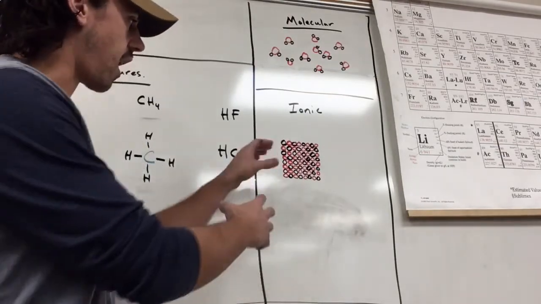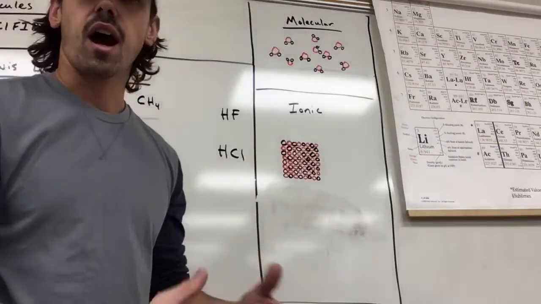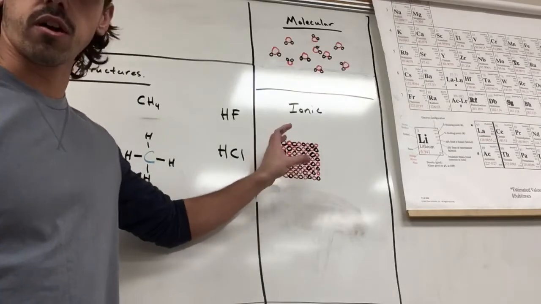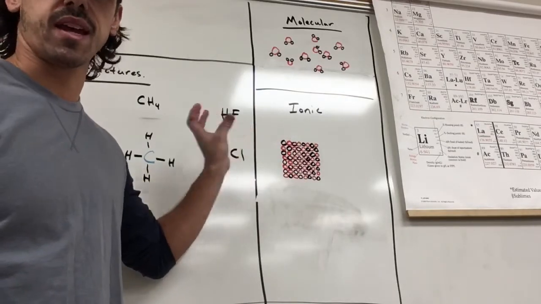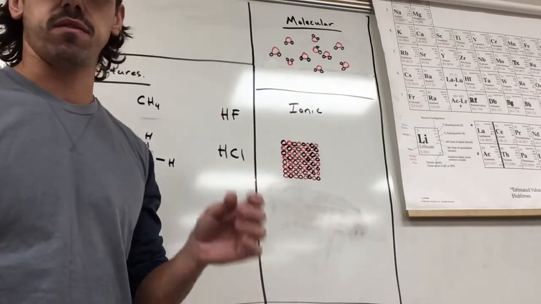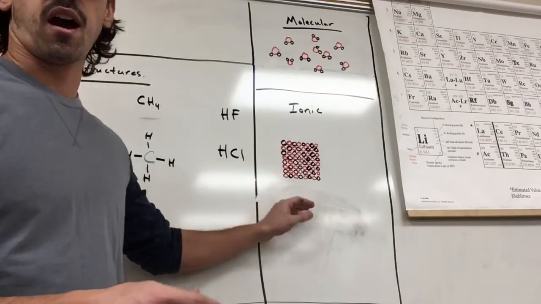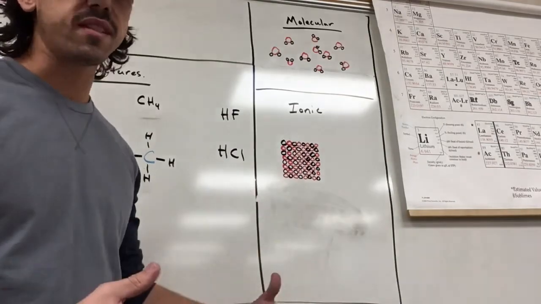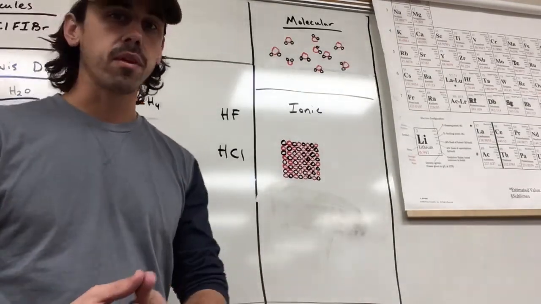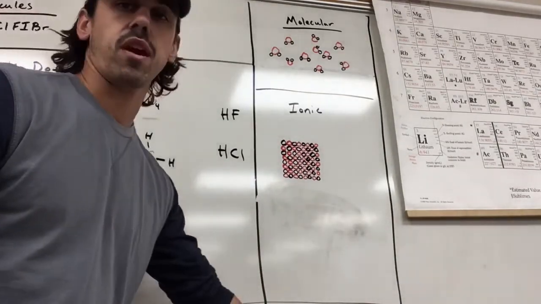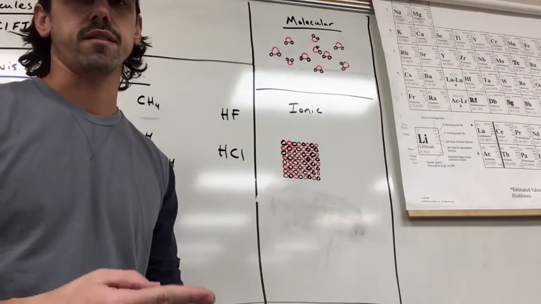So we have all these ionic bonds between all of these different ions, and there's no one particular particle that I can take out and say that's a representative unit, a discrete particle that makes up this ionic compound. So instead we say that the representative unit is a formula unit, and that formula unit is a ratio of cations to anions.